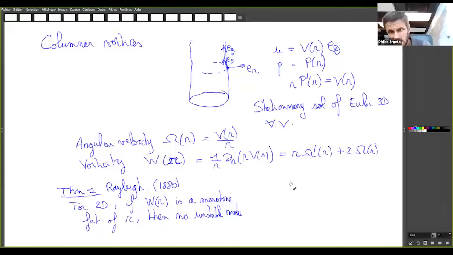So that's for 2D. And there is a similar theorem also by Rayleigh. Well, let me put the Canadian name Synge close to Rayleigh, because the proof by Rayleigh is strange. That proof is really a mathematical proof.